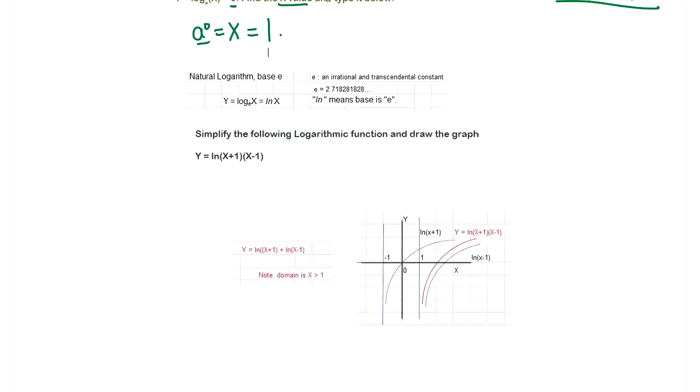Now, natural log is a special case when the base is e. What is e? e is Euler's constant, which is this. And how do you get e? Well, use an infinite series.